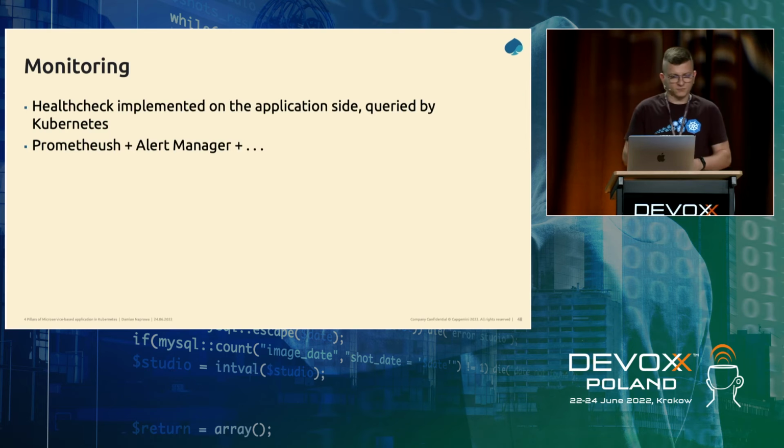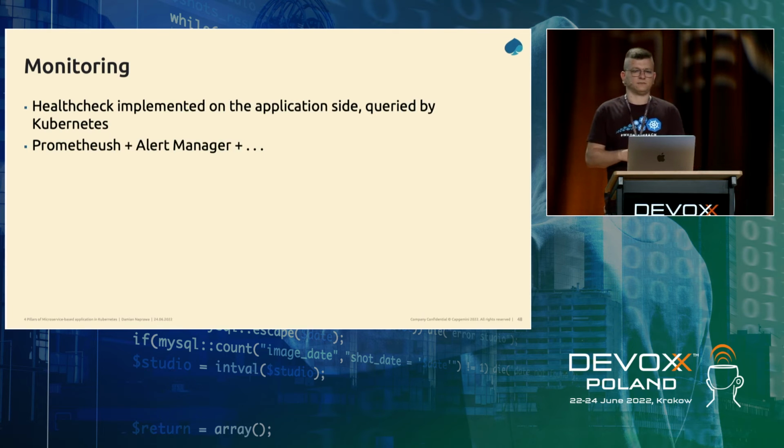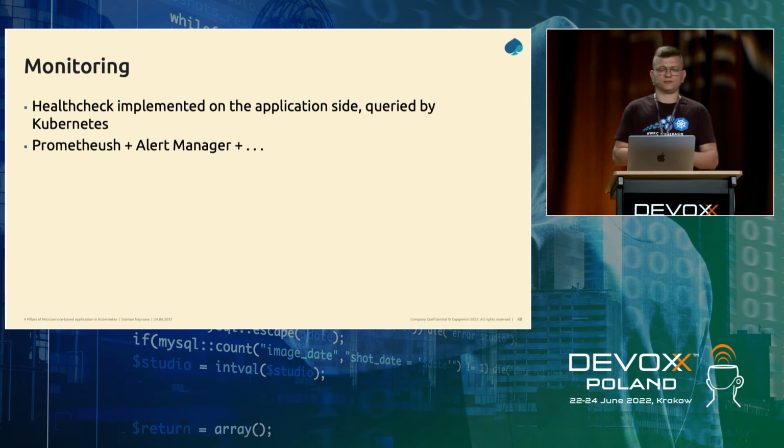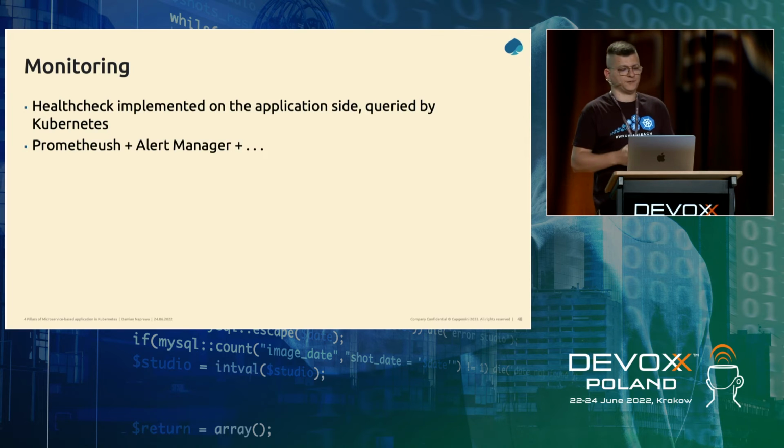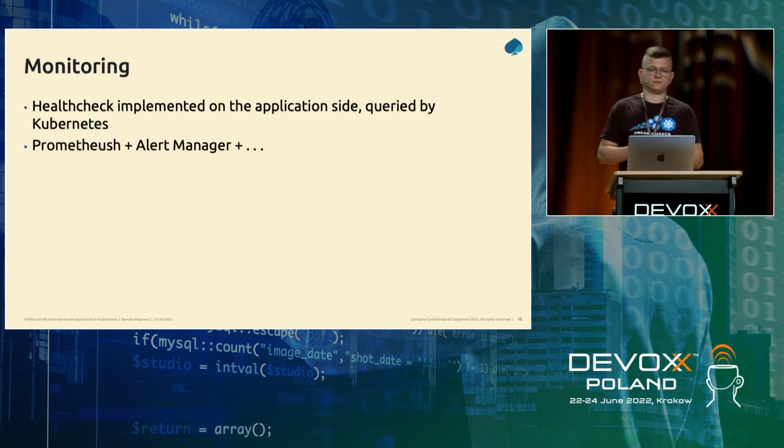The next thing is monitoring, yeah. So our application should have some kind of endpoints like /health or /ready or anything you want to name it, which will be used by Kubernetes to check if our application is alive or to check if our application is ready to handle the traffic, yeah?